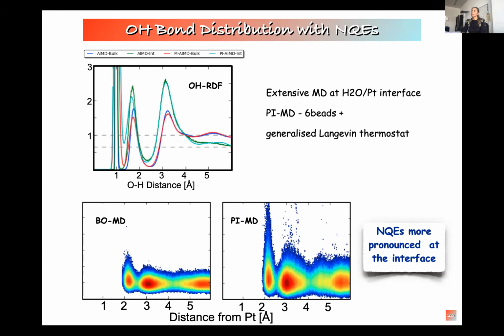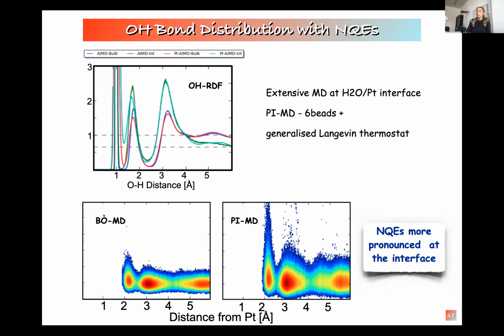The results of the simulations show that there are indeed some effects of the nuclear quantum treatment of the nuclei, in particular at the interface. Here we compare the bond distribution of the water molecules as a function of the distance from the platinum interface.